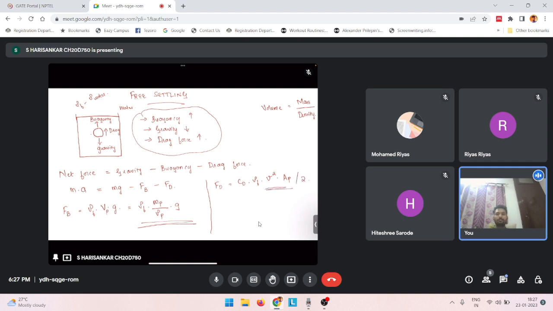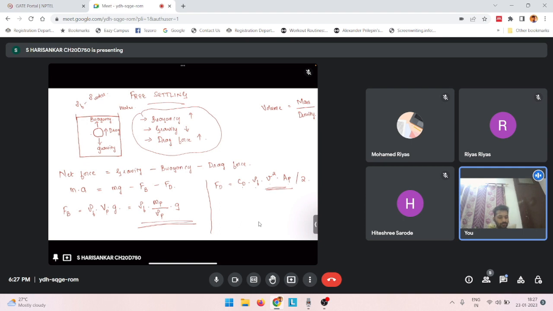This is something you will probably have learned in fluid mechanics with regards to the equation of drag force. Here CD is the drag coefficient. Then rho F is the density of the fluid, v square is the velocity of the particle, and Ap is the area of the particle.